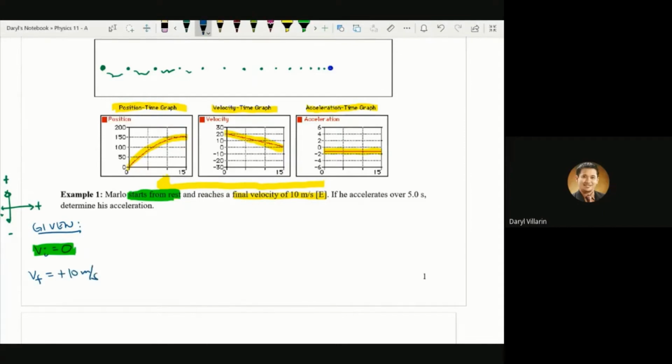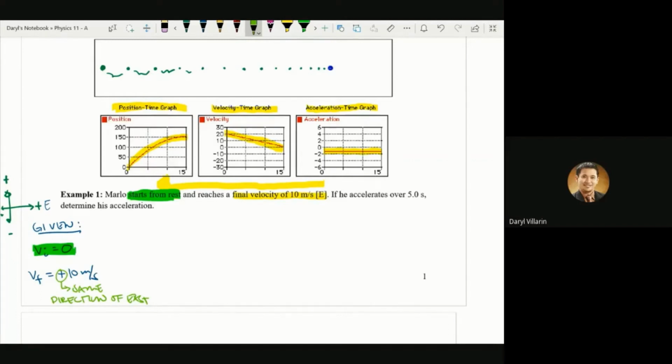East is here, to the right, so I will use the positive notation. This is the same as the direction of east. It's just much easier in our computation if we use positive or negative sign.